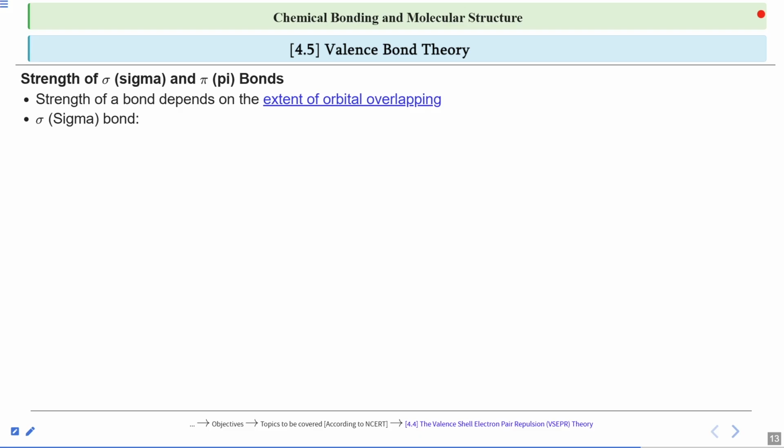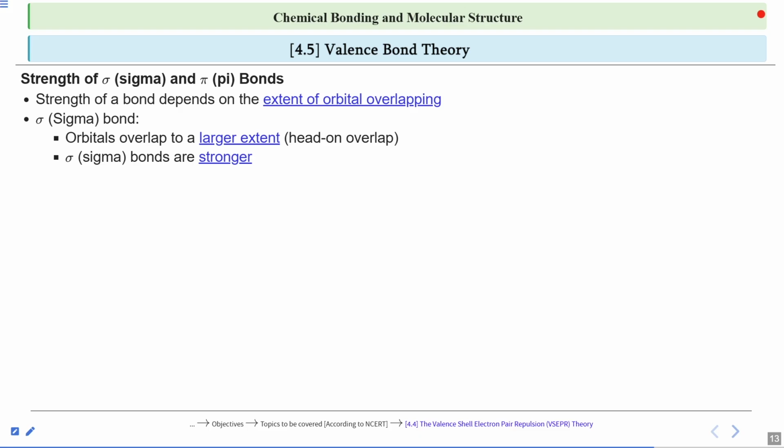Now if I take the case of the sigma bond, the orbitals overlap to a much greater extent, if they are overlapping head on, that is, forming the sigma bond, and this is seen naturally.